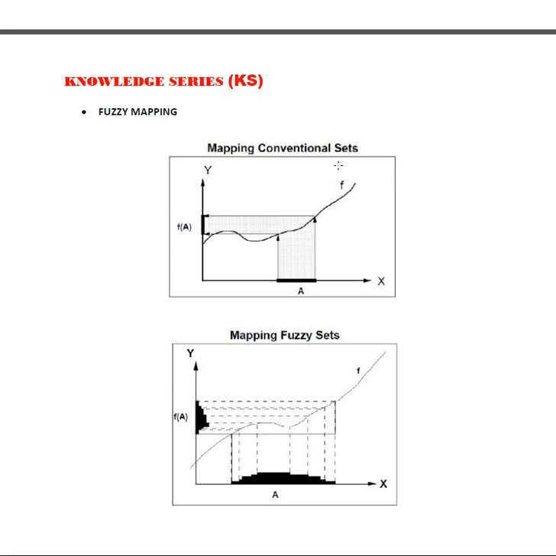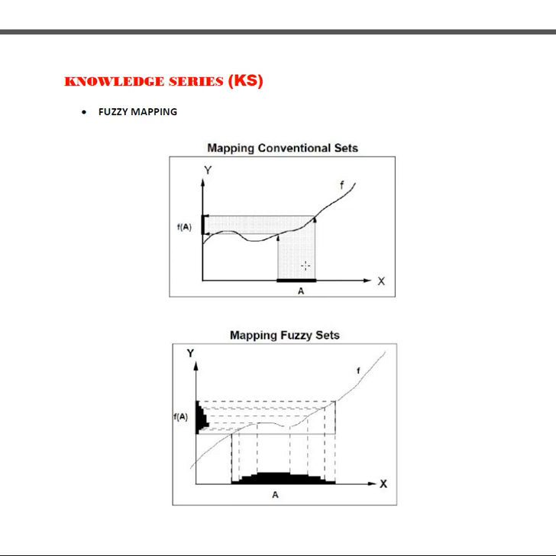Now here if it is a conventional set of mapping, you try to see a region A on the crisp set with respect to x, where x is the set and A is an element of the given set, ranging from one point to another, and based on the function it generates the corresponding y, that is f of A. Now this f of A, either you can treat in terms of a membership function if it is fuzzy, or if it is not fuzzy and just a plot, and you are mapping a relation between x and y, then for a given A the corresponding y is showing deviations like this.